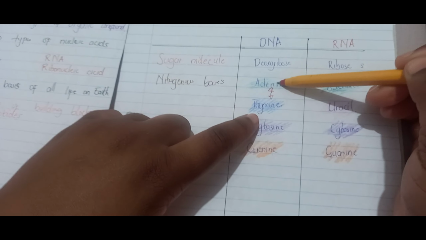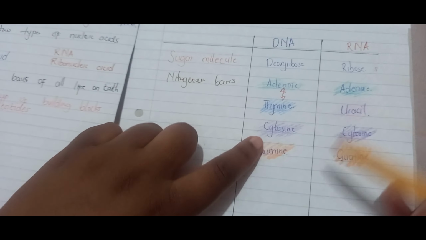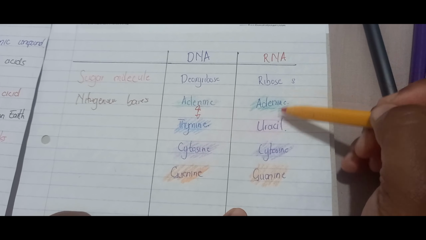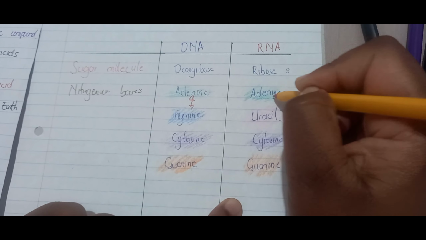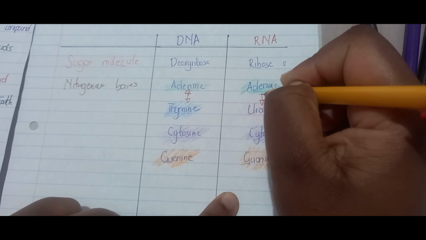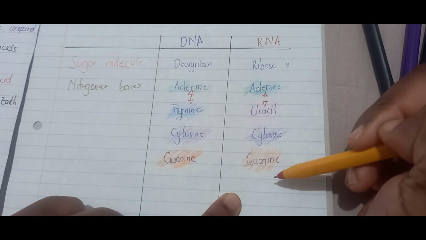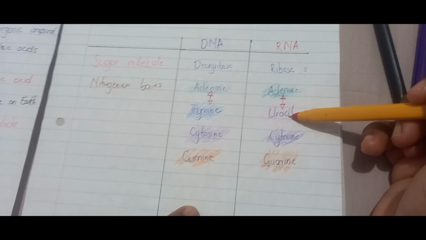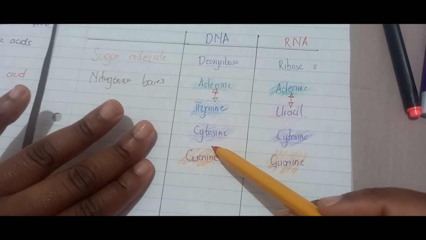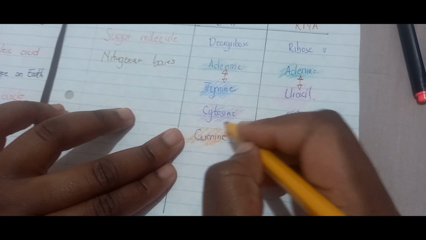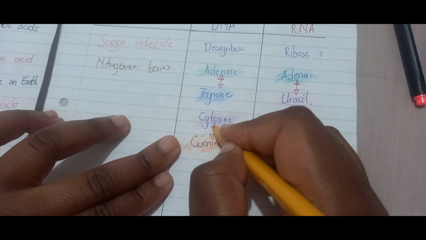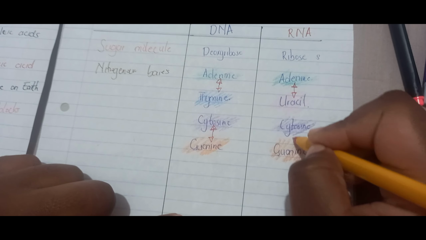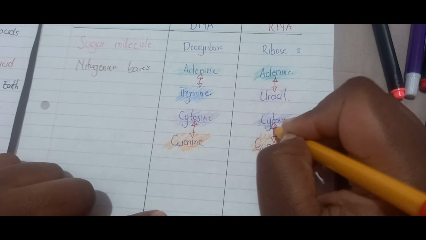Even if they start with adenine, it's complemented with thymine. Same goes with RNA. Adenine always pairs with uracil. So if it's an RNA strand, as I'm going to show you, adenine always pairs with uracil. Then with DNA, cytosine is always pairing with guanine and vice versa.